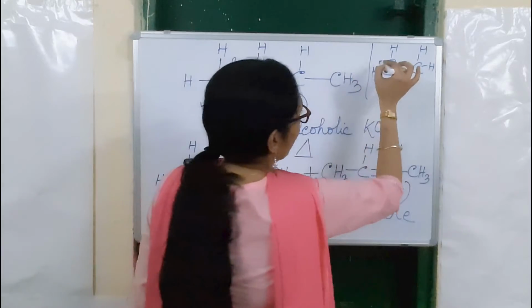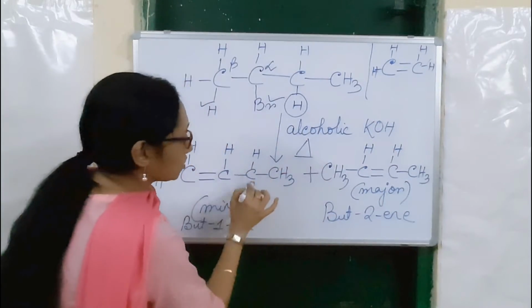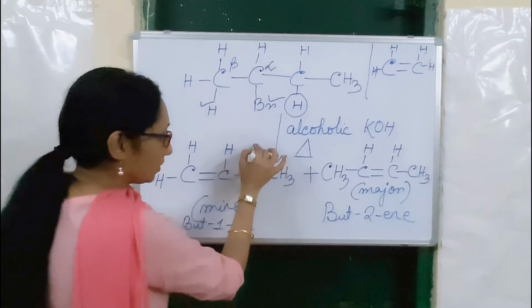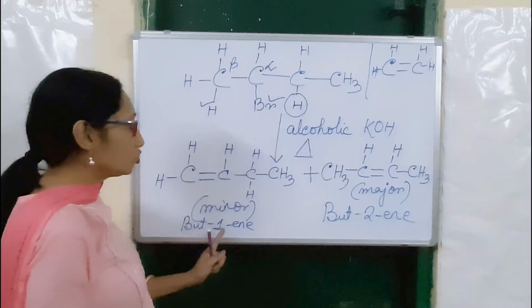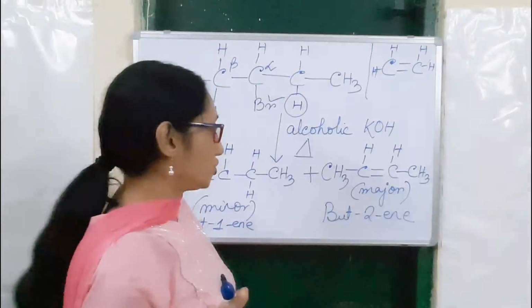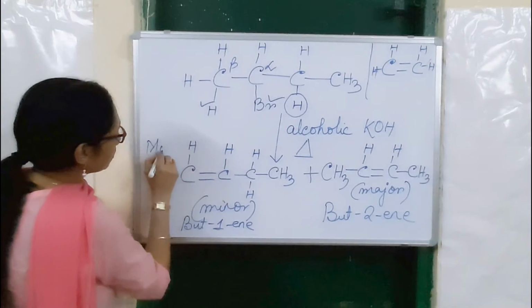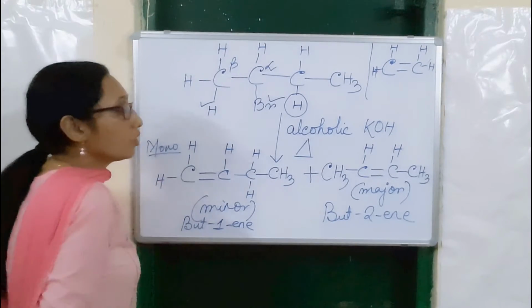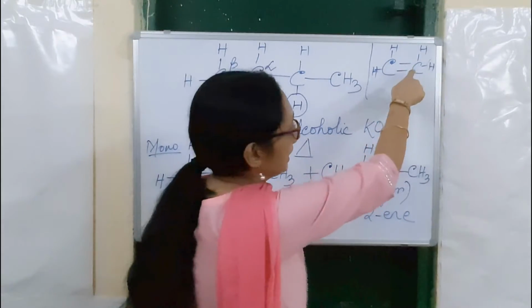In ethylene, 1, 2, 3. So the fourth hydrogen is replaced by one alkyl group. Here it is an ethyl group. So how many substitutions in but-1-ene? But-1-ene is a mono-substituted alkene. So this is mono-substituted.